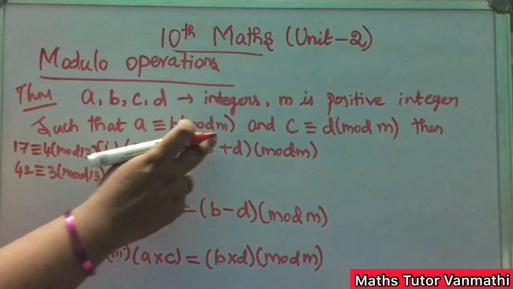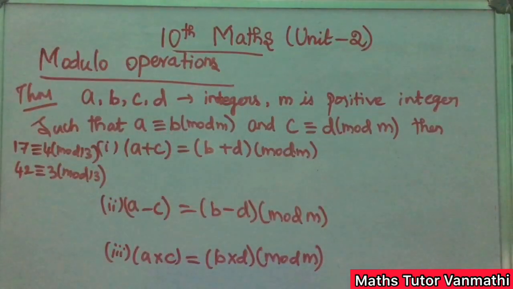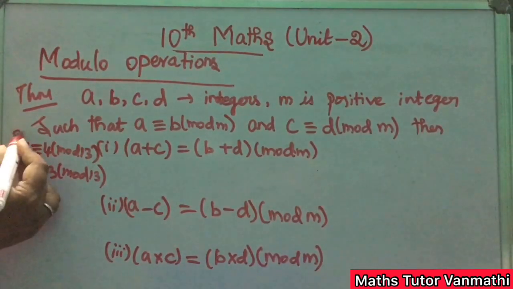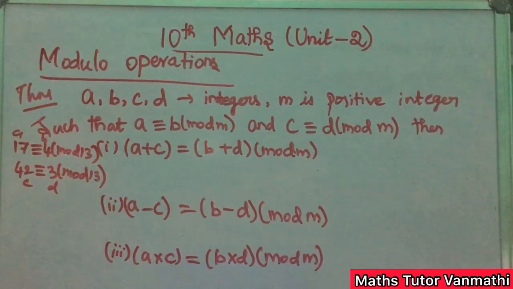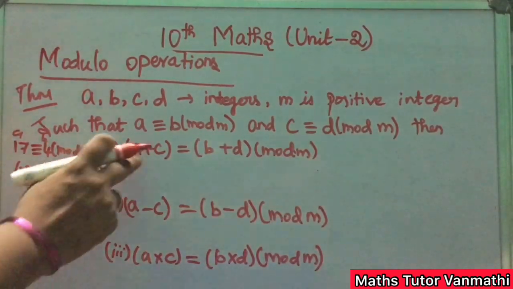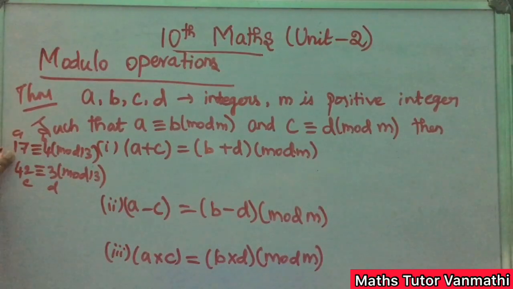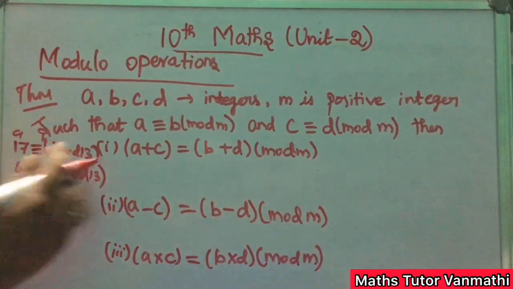Here this mod m should be equal, and the other numbers can be different. Here you see this is your a, this is your b, this is your c and this is your d. Clear? First we can use a as 17, c as 42.